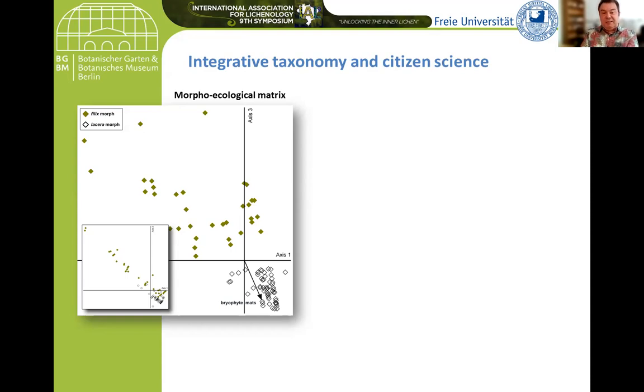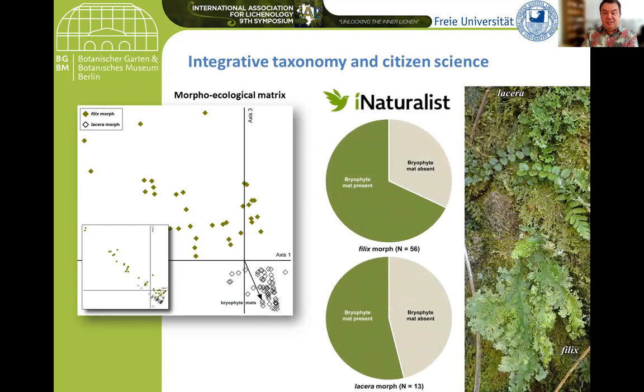But then a reviewer said, well, herbarium specimens are not really good to assess the ecological situation in the field, and suggested we should go to iNaturalist, which is what we did. We had quite a number of samples to look at. After confirming the individual identifications and the samples that were kept, we saw that there's not only no significant difference between the two morphs, but the felix morph is more frequently associated with bryophyte mats.